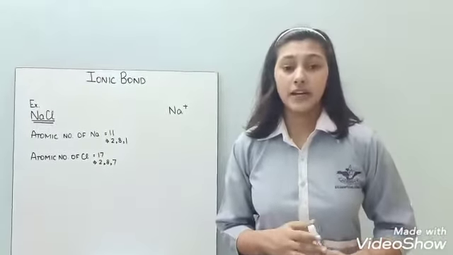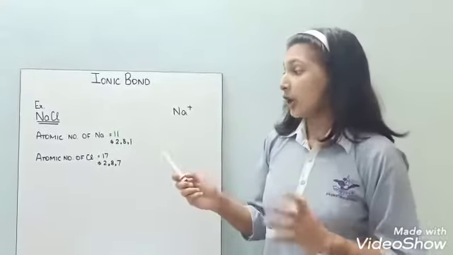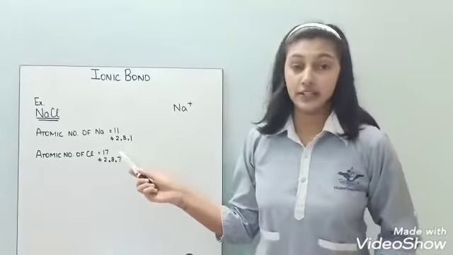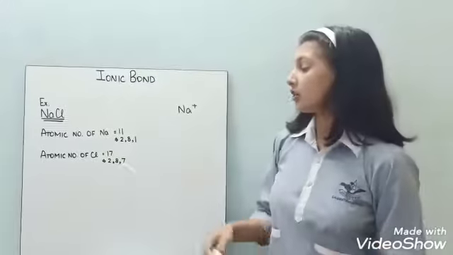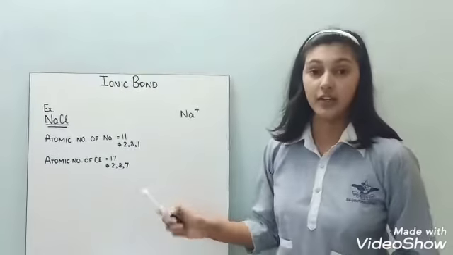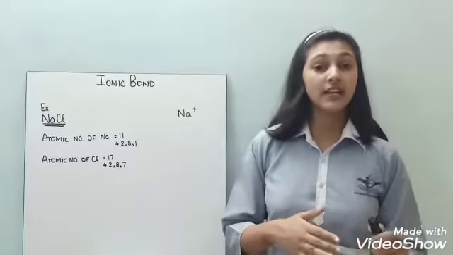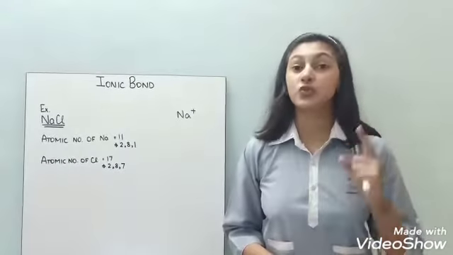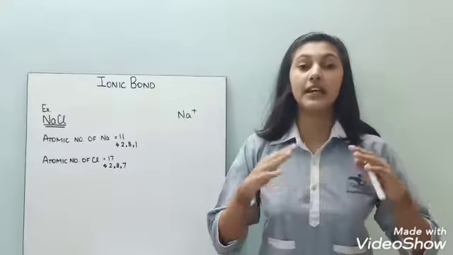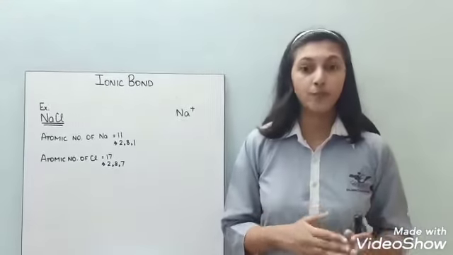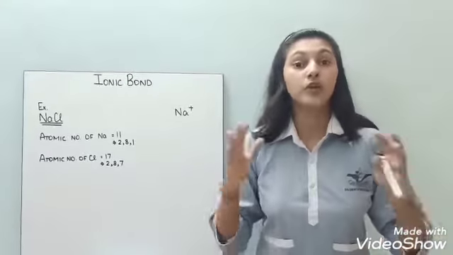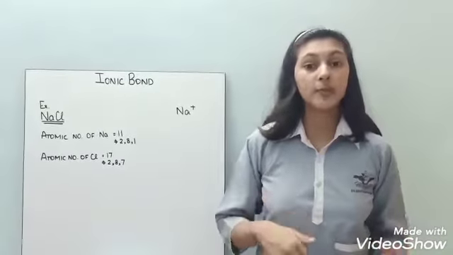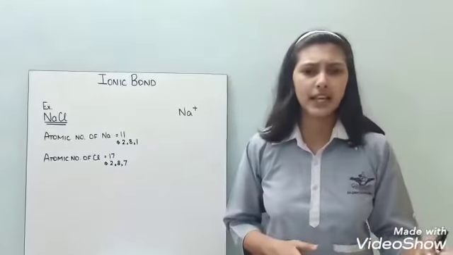On the other hand, the atomic number of chlorine is 17. So its electronic configuration would be 2, 8 and 7. Chlorine has 7 electrons in its outermost shell and it requires one more electron to complete its octet. So if Na and Cl were to react, the electron lost by Na could be taken up by Cl.